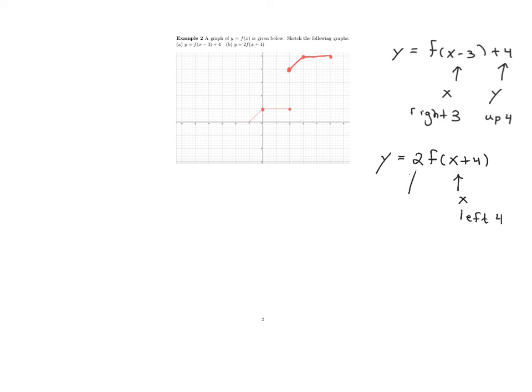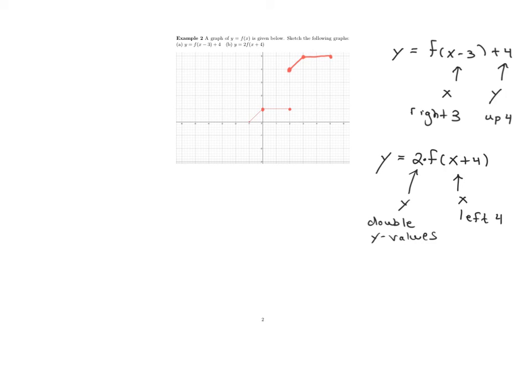Now this 2 is outside the function and it changes the y values, but this isn't a plus 2 or a minus 2, this is multiplication by 2. So what this is going to do is what you'd expect, since we're changing the y's, it's going to double the y values. So let's see if we can reason this out.